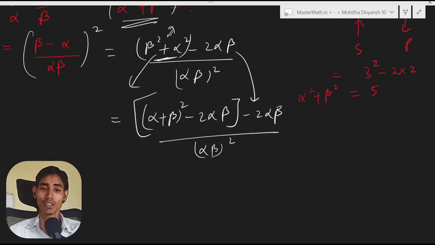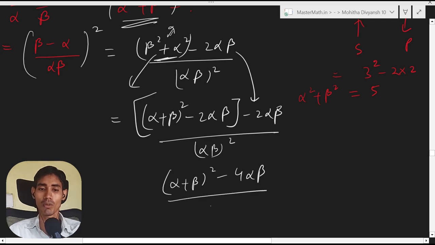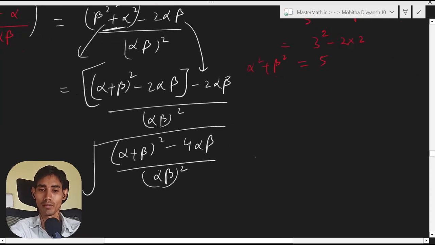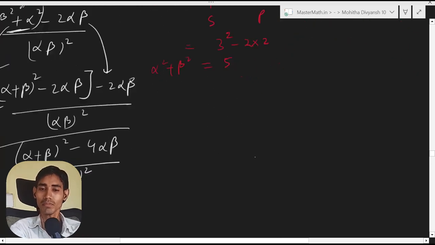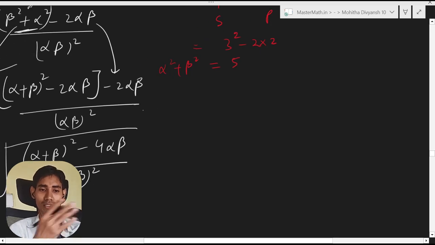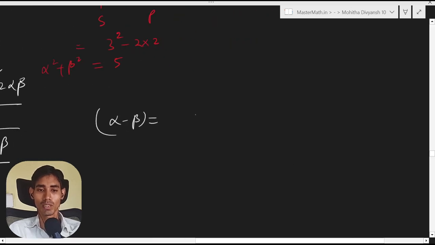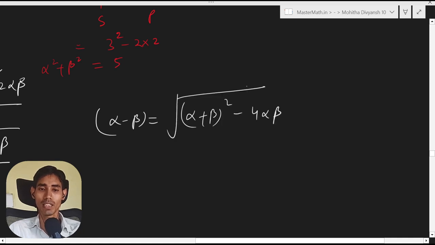So you will get alpha plus beta whole square minus 4 alpha beta, and now it is in product and sum form only, whose square root you could take at the end. If you did it the other way, that's absolutely fine. The thing was alpha minus beta value is equal to the square root of alpha plus beta whole square minus 4 alpha beta. This is the identity, the formula, if you call it so.